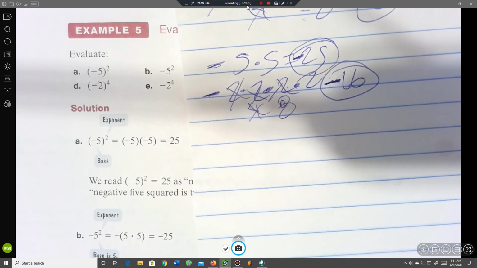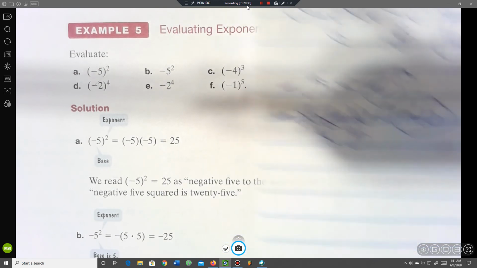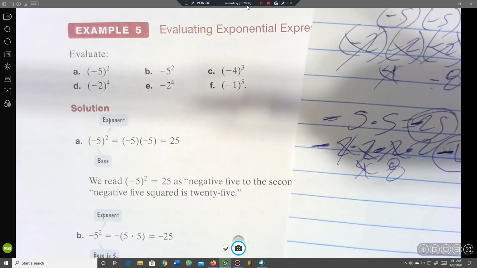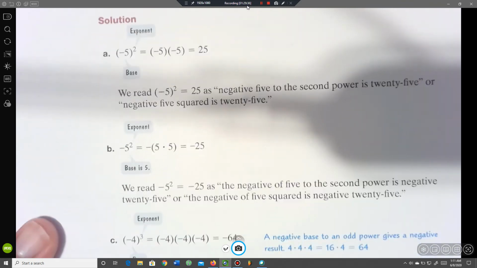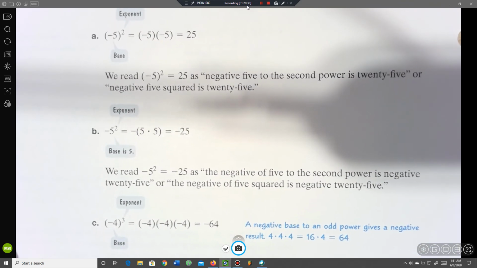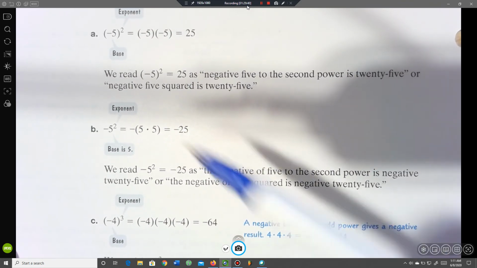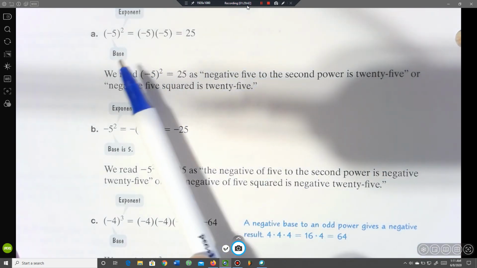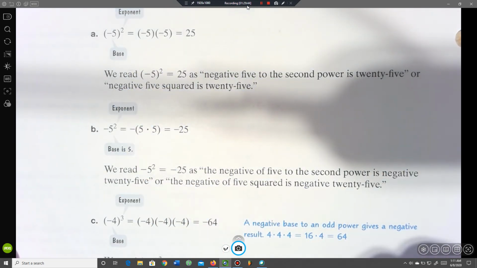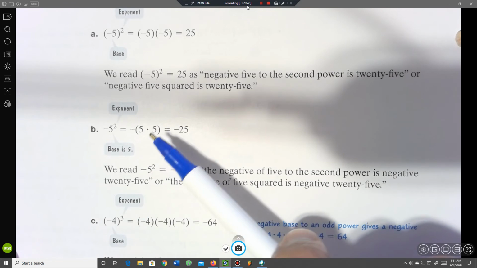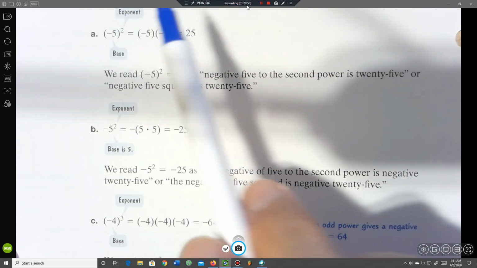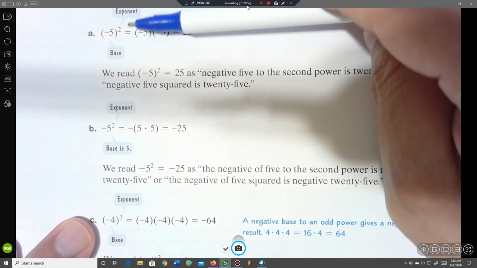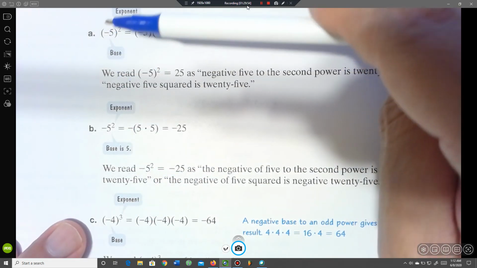Let me take you down here for these examples, because I'm trying to make a point.